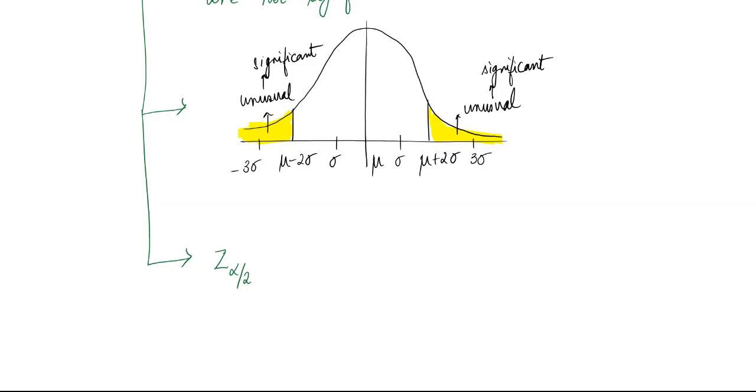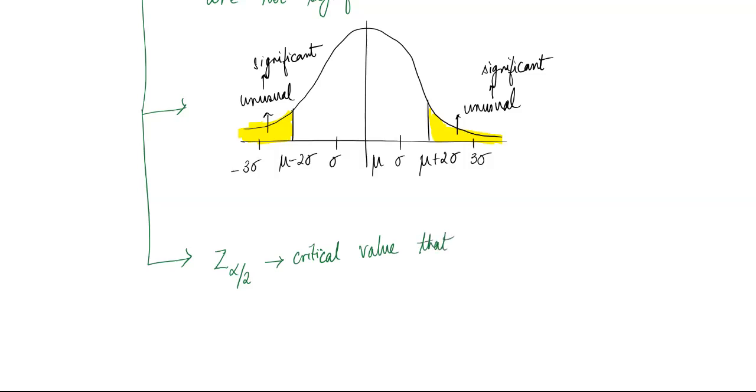If it is 95%, there is a certain borderline for that. If it is 99%, the borderline changes. So that's what we're trying to utilize here. Z alpha over 2 is the critical value, and we're using the Z scale, not the X scale, because that's the standard normal version.